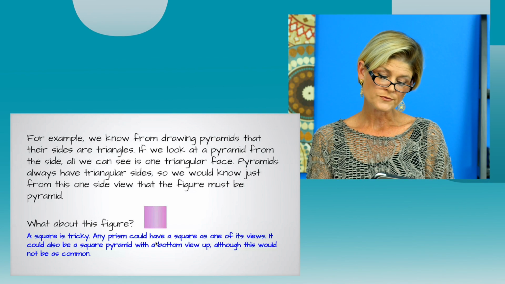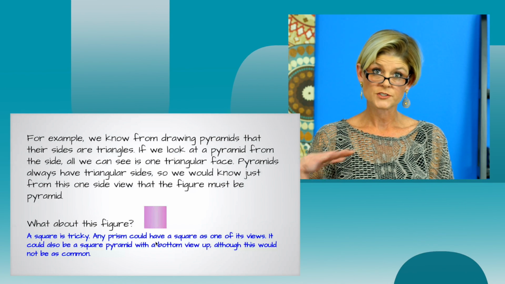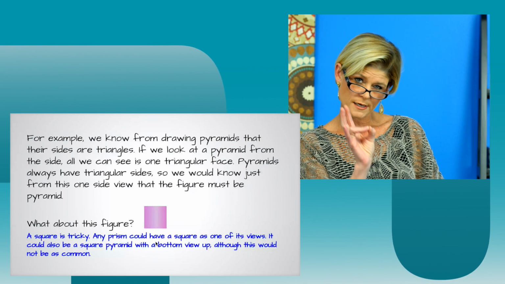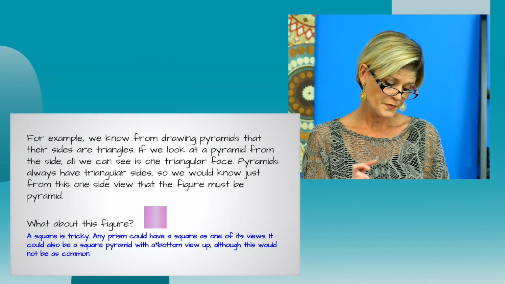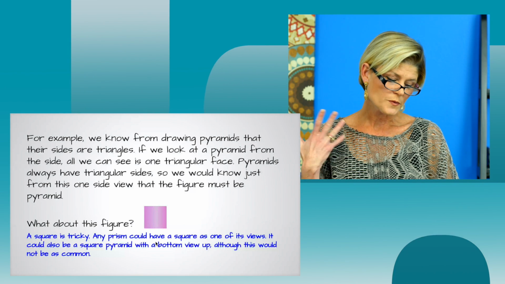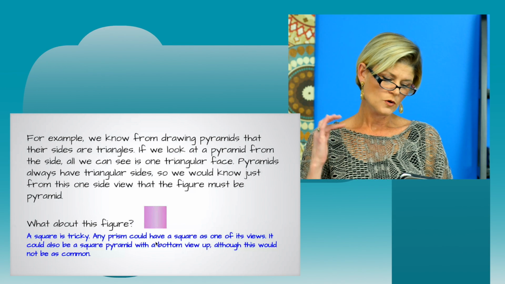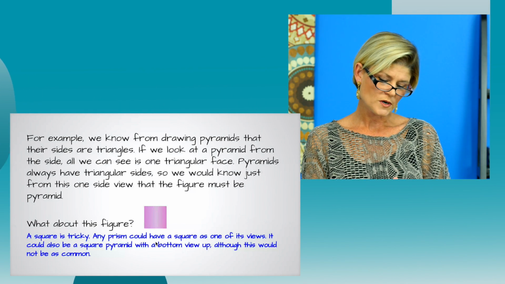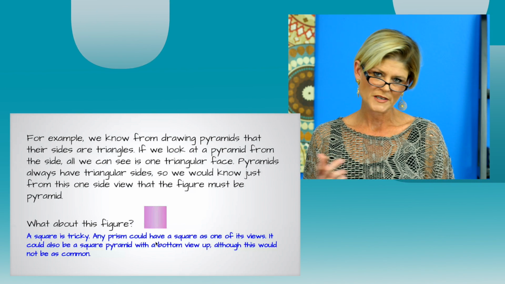So for example, we know from drawing pyramids that their sides are triangles. And if we look at a pyramid from the side, all we can see is one triangular face. We talked about that last time. Now, pyramids always have triangular sides, so we would know just from this one side view that the figure must be a pyramid. But what about this figure down here at the bottom? Well, that's a square.